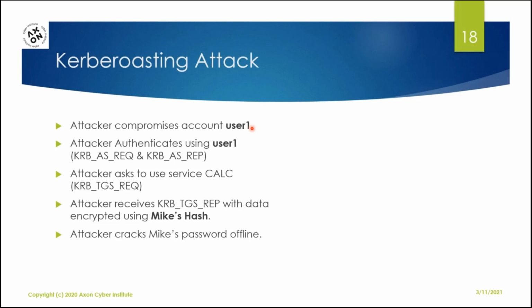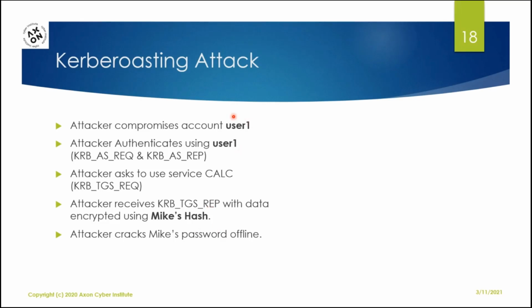Then the attacker authenticates to the Active Directory using the credentials of user 1. And then after performing the first pair, on the second pair he says, I want a TGS ticket to access calc. Now a portion of the TGS that he receives will be encrypted with Mike's hash.